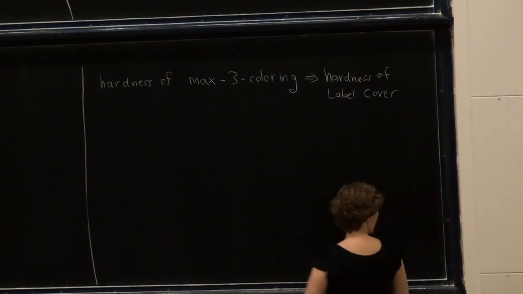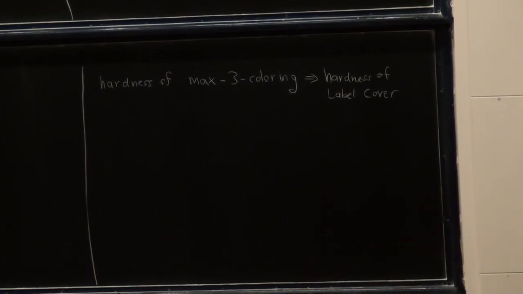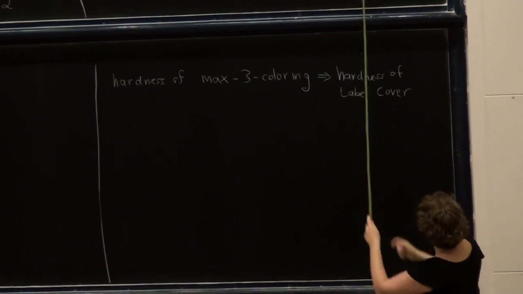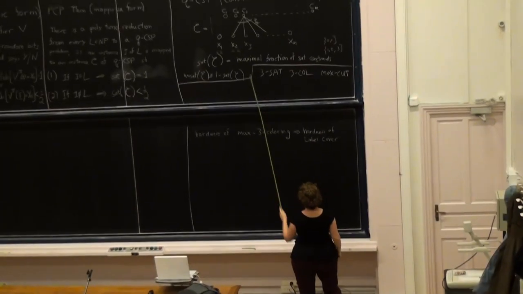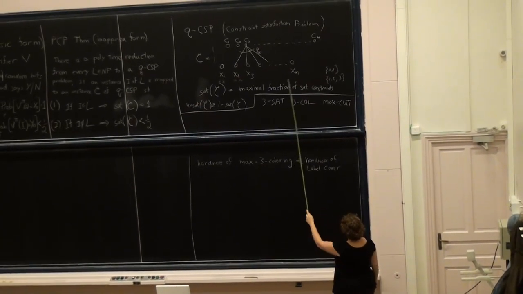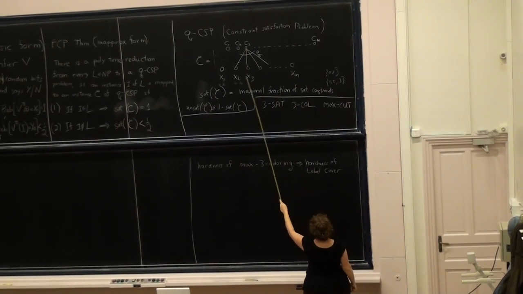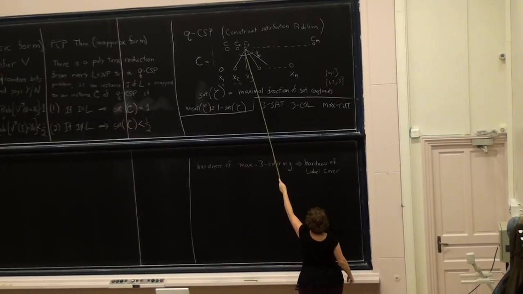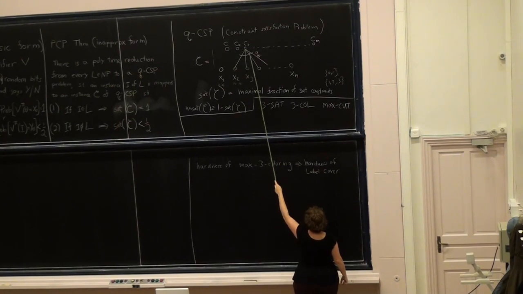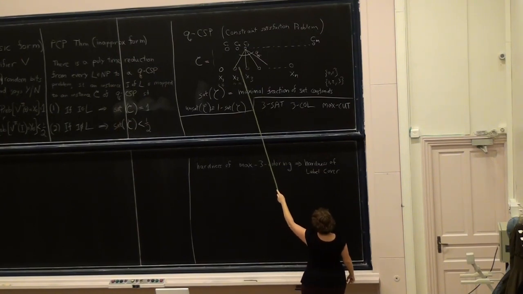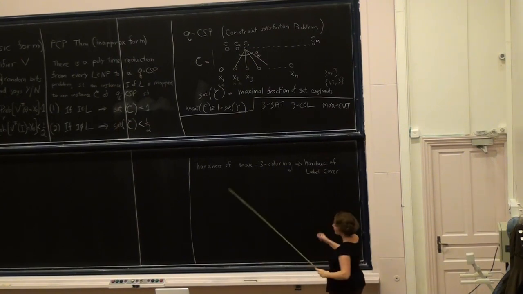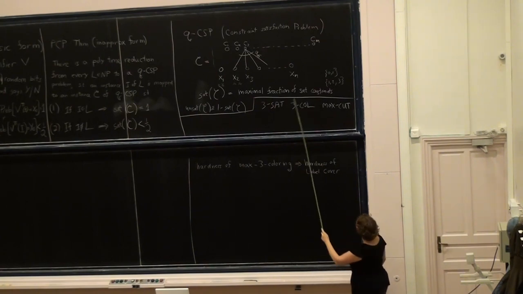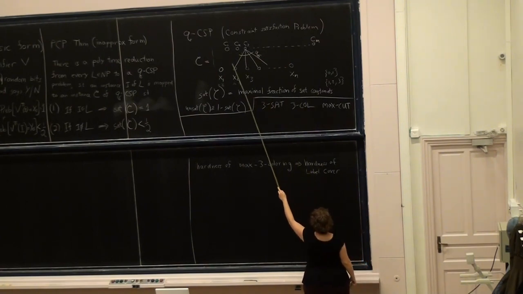This is my bipartite graph. I have a hardness of max coloring. So I have all the vertices of my graph here, and for every edge, I have a constraint here that looks at two vertices and says, I want these colors to be different. And see how I created a bipartite graph for my graph.